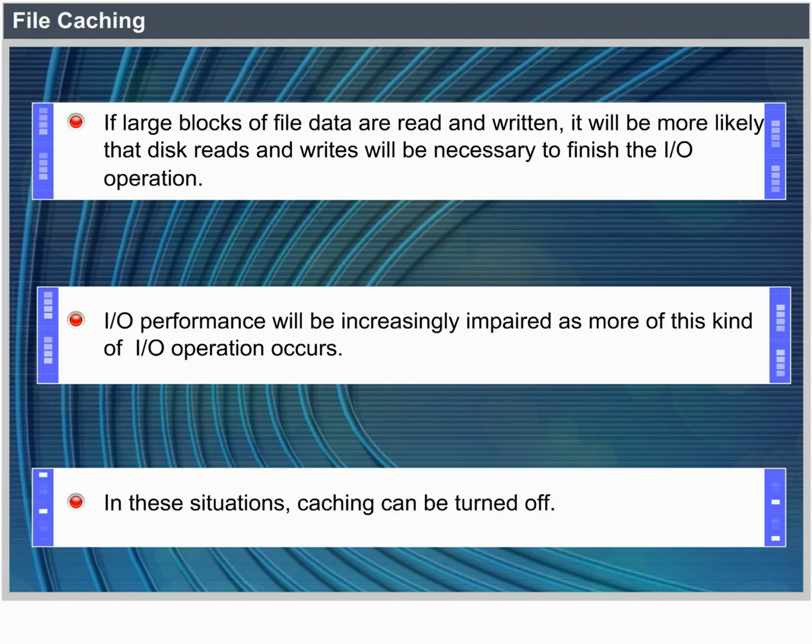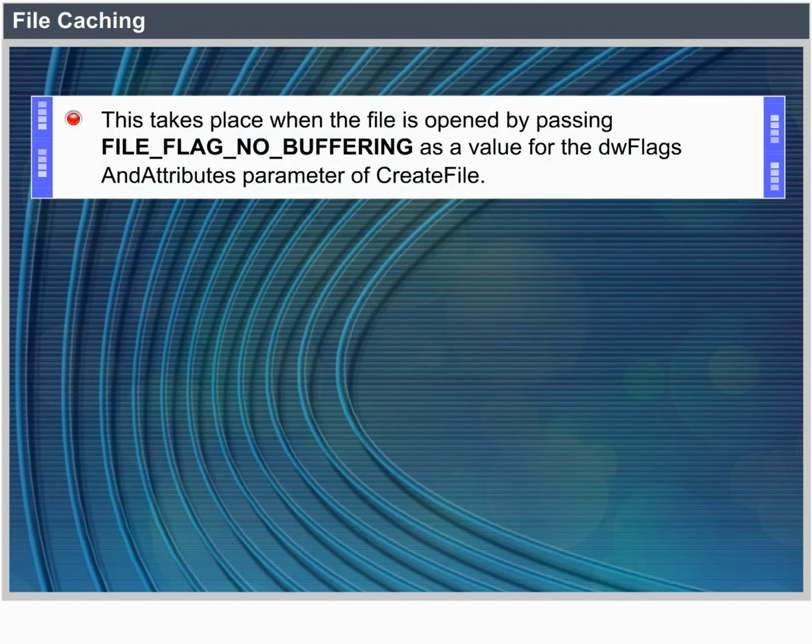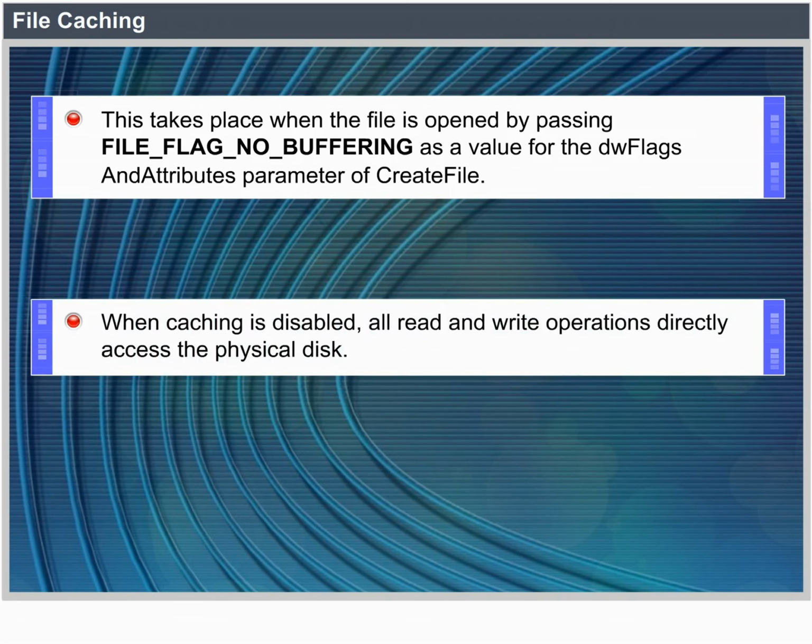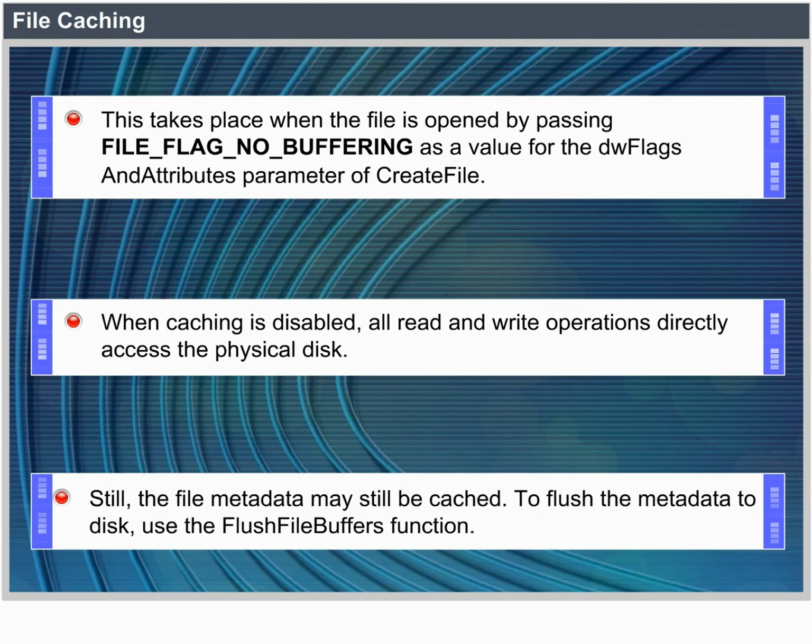This is done at the time the file is opened by passing FILE_FLAG_NO_BUFFERING as a value for the dwFlagsAndAttributes parameter of CreateFile. When caching is disabled, all read and write operations directly access the physical disk. However, the file metadata may still be cached. To flush the metadata to disk, use the FlushFileBuffers function.